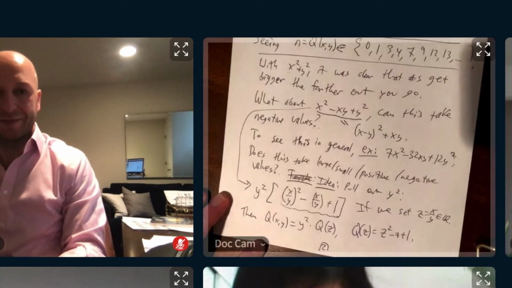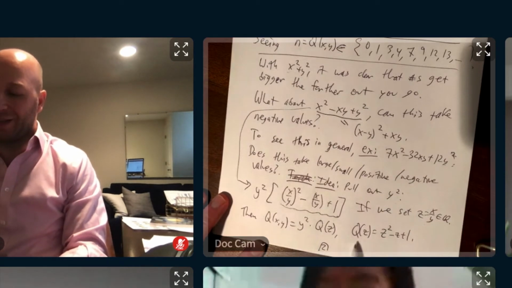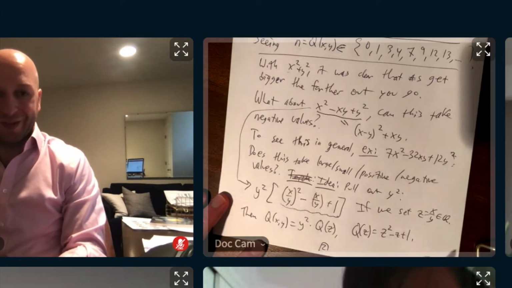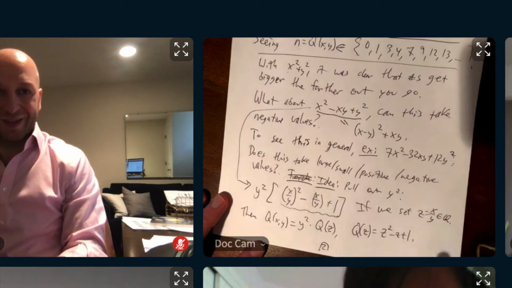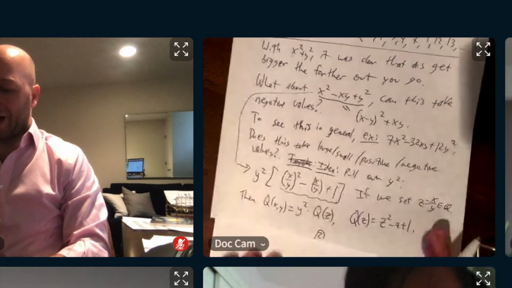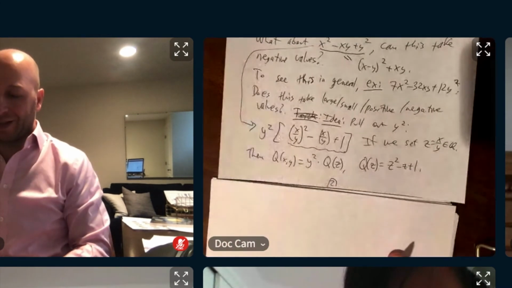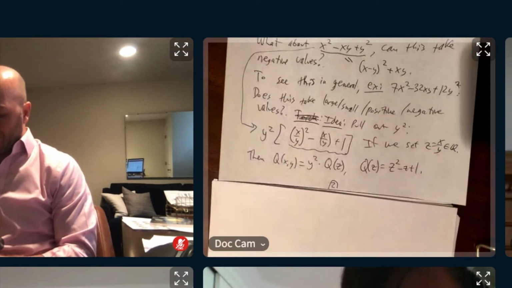Does that make sense? Can I get a thumbs up if it makes sense what I did? So you can think of q as a quadratic polynomial, or you can think of q as a quadratic form. And the only distinction between the two is whether you make it homogeneous or not. So you can dehomogenize and you can homogenize.